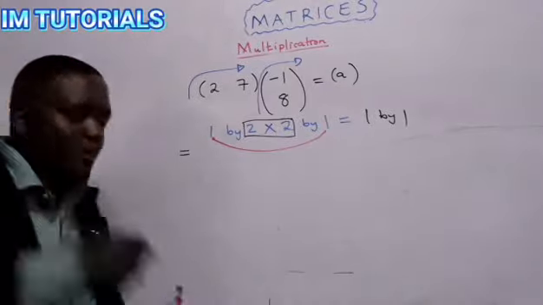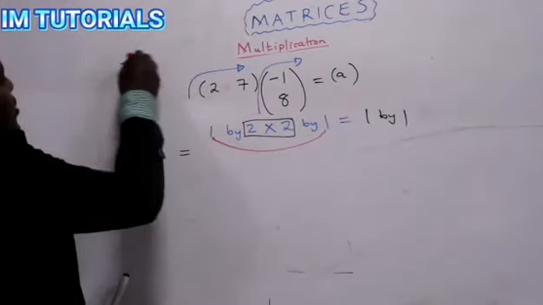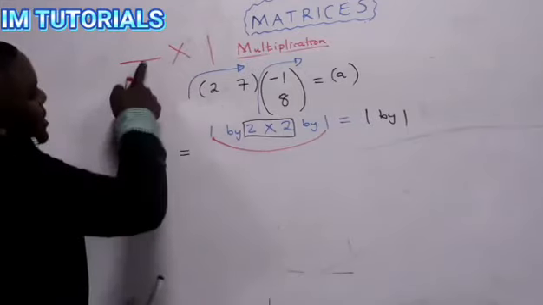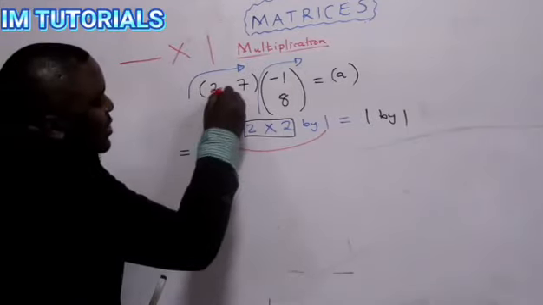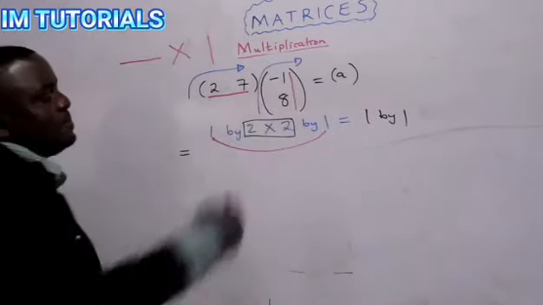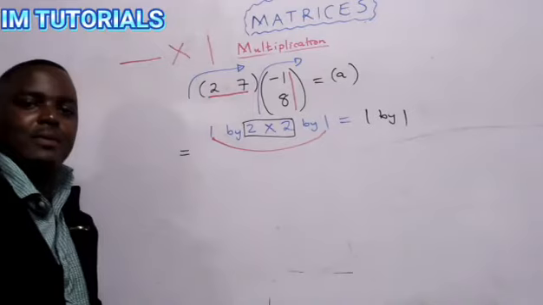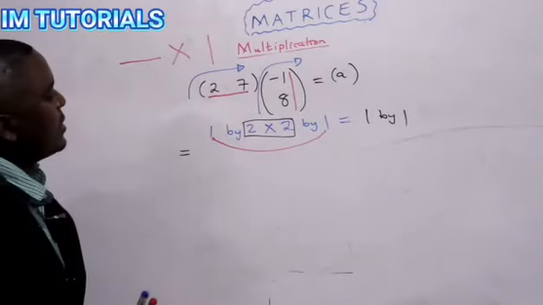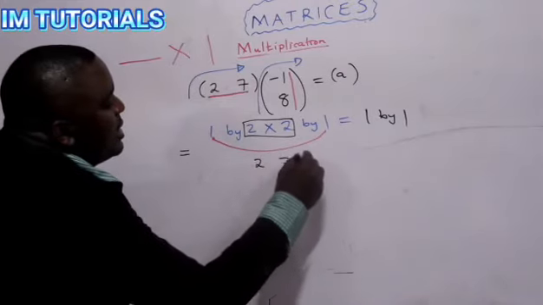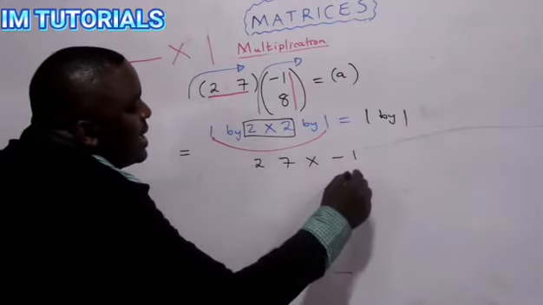So how do you multiply? The skill is row times column. Right. Rows are obtained in the first bracket, so I'm going to put a horizontal line. Then columns are obtained in the second bracket. Right. So to find A, we are going to use 2, 7 times minus 1, 8.